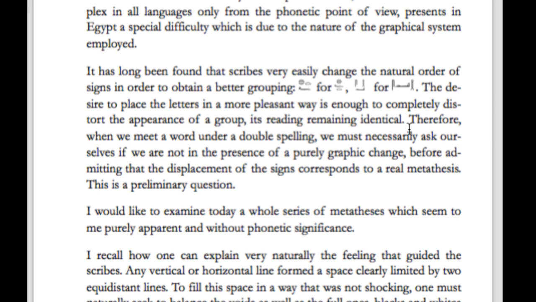He says, when we meet a word under double spelling, which means that if you see a word that's spelled in two different ways, we must necessarily ask ourselves, are we in the presence of a purely graphic change, which is graphic transposition, or are we dealing with a true metathesis situation where the actual sounds are indeed different?